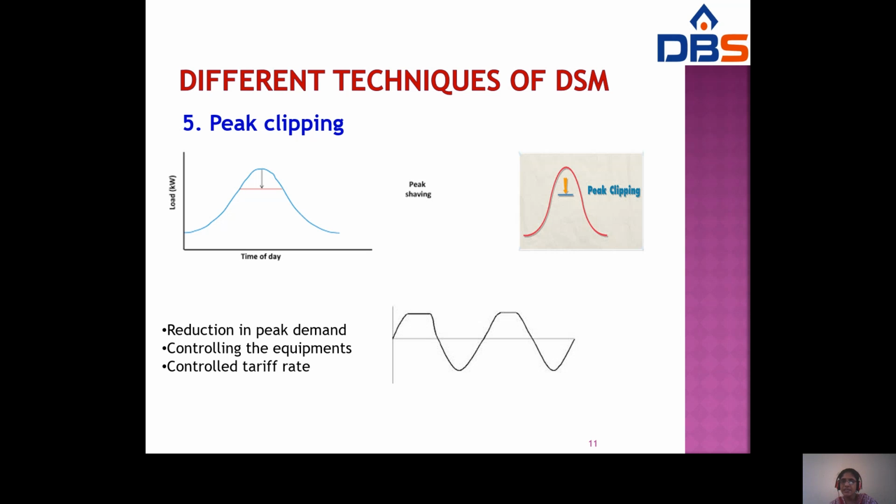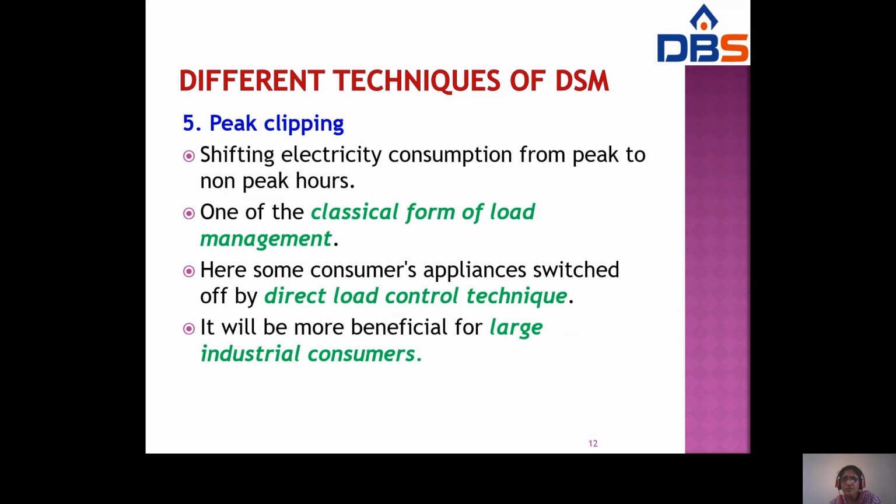That means it is aimed at decreasing the demand during the peak hours. That means reduction in peak demand, by controlling equipment and controlled tariff rates. Peak clipping means shifting electricity consumption from peak to non-peak hours.